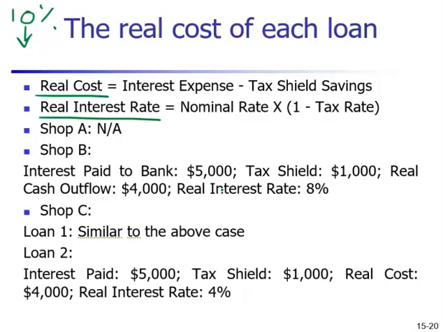Or when we are talking about the second loan of Shop C and it is 5%, we expect that they are going to be lower. But let's go and do the calculation. Okay, what is real cost? Real cost is interest expense minus tax shield savings.